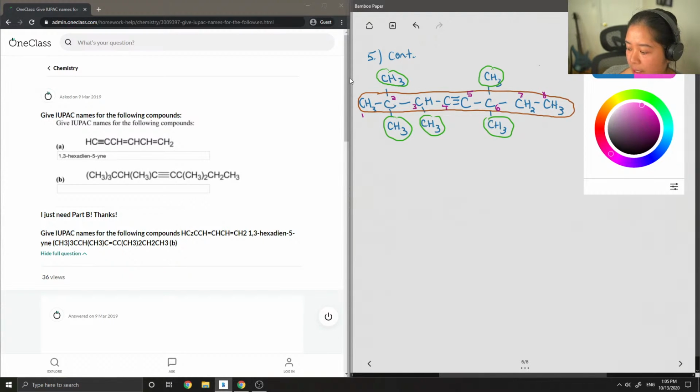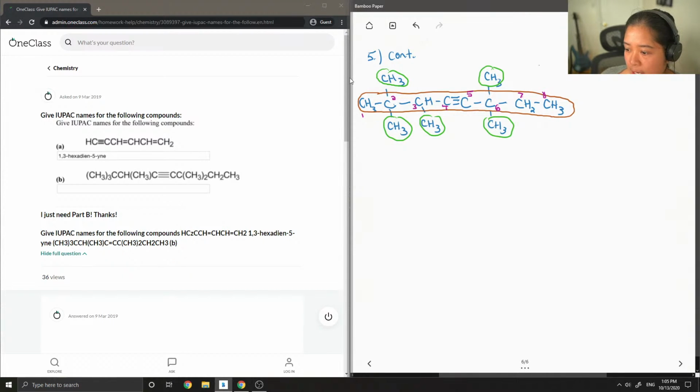Okay, so our parent has 8 carbons, so it will have oct. And then the first thing I'm going to do is to look at all of the different methyl groups that are here.